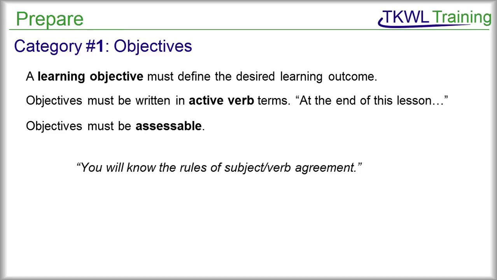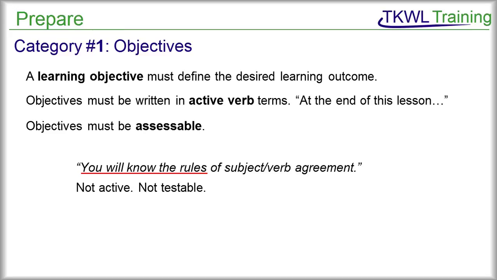Here's a sample learning objective that we would recommend changing. Can you see why? First, it's definitely not active. Will know is certainly a verb, but it's not a perform, it's not a do, it's not a skill. Secondly, it fails our testable requirement.